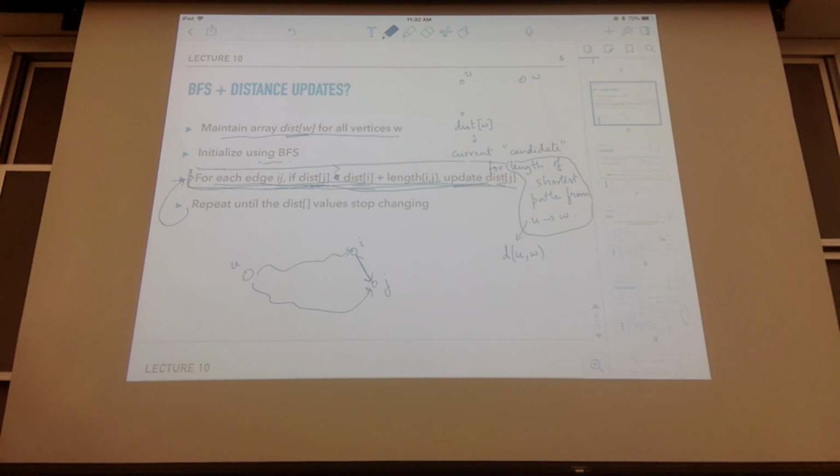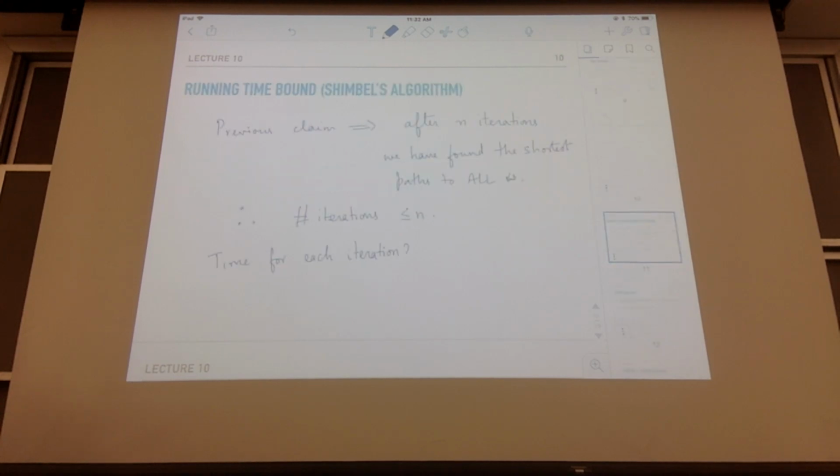Yeah, so each iteration, as I said, you check for every edge and you do a comparison. This is just constant time, and you do this for every edge ij. So the time for each iteration is O(m). So overall, the running time is O(nm).